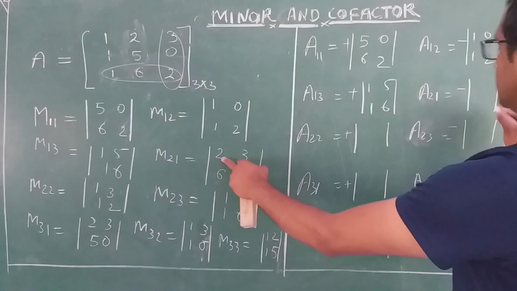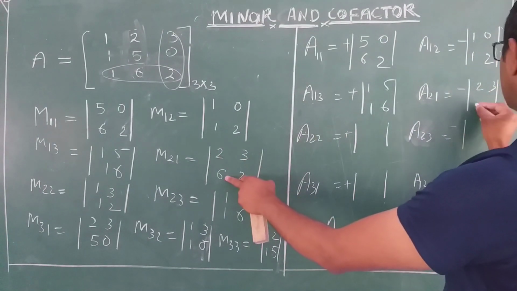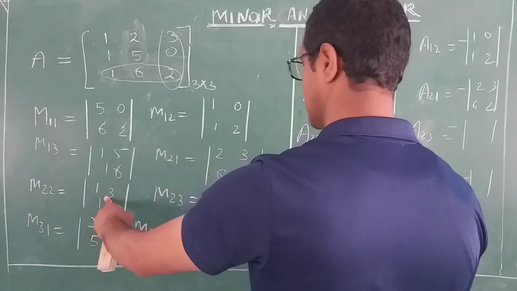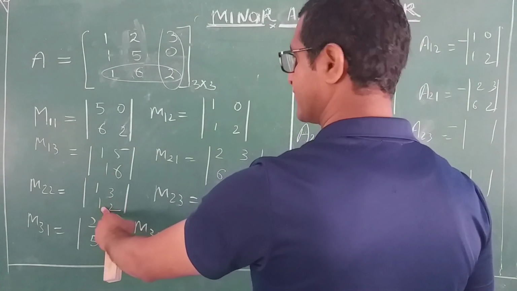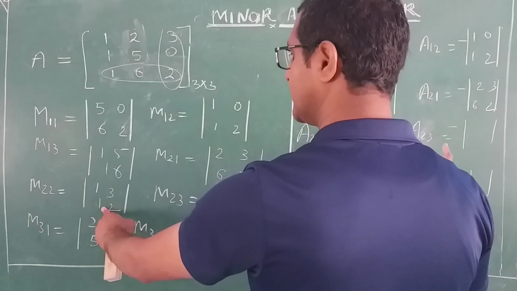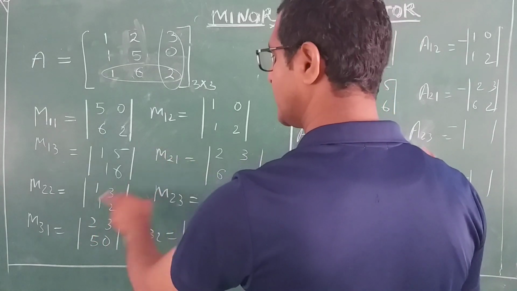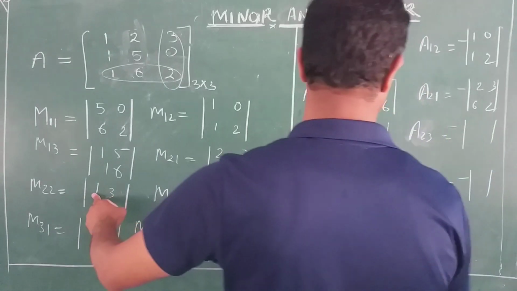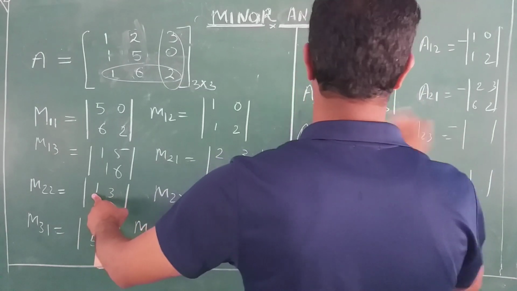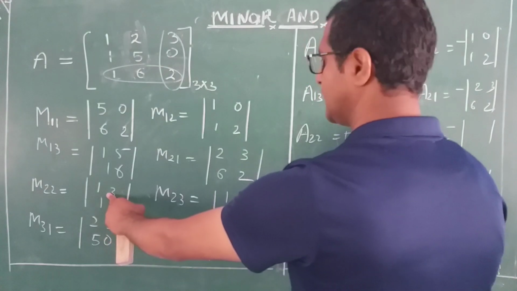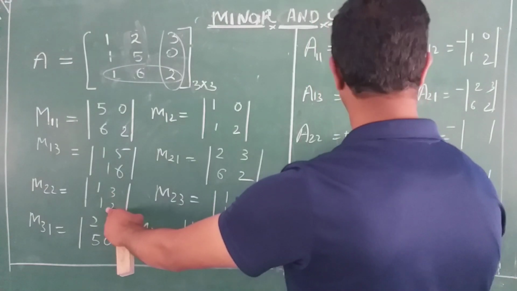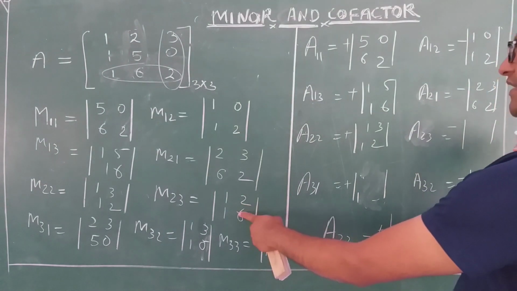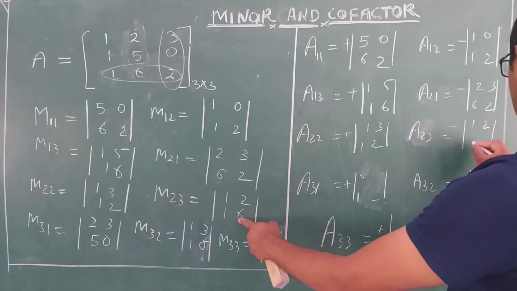M21, A21: the value inside the determinant will be the same. M22 means A22, it will be 1, 3, 1, 2. A23, you will copy the elements of M23: 1, 2, 1, 6.